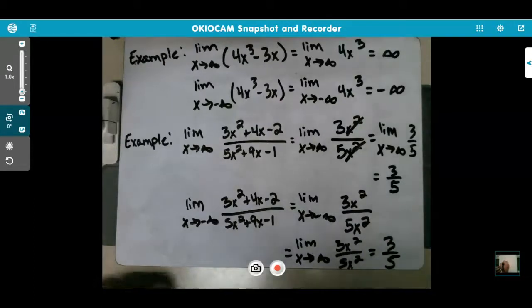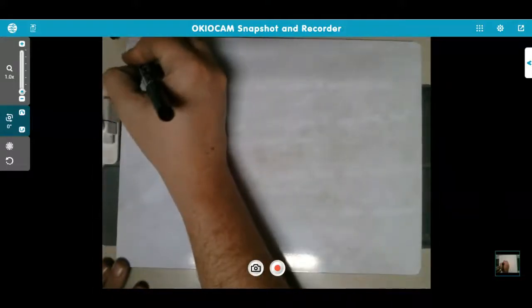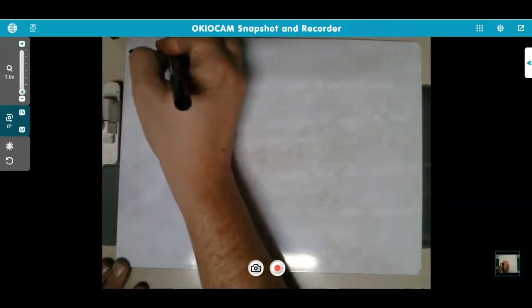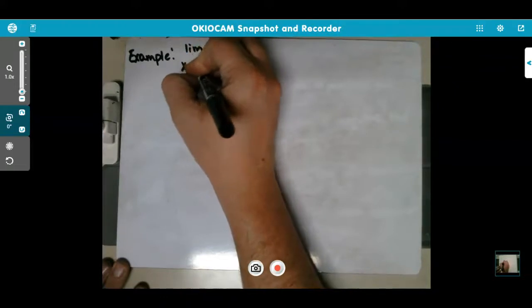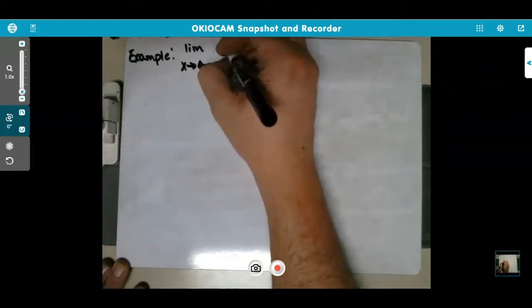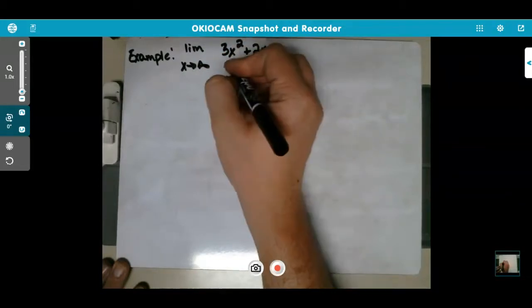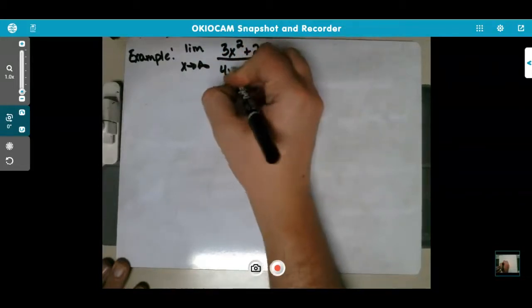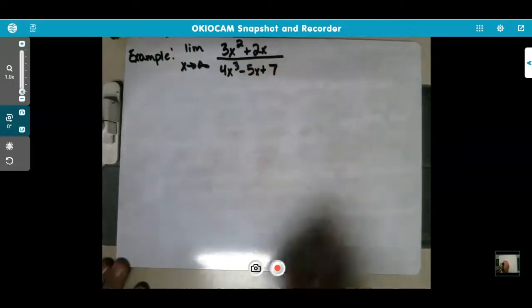All right, let's look at some more examples that are kind of like that. The limit as x approaches infinity of 3x squared plus 2x over 4x to the third minus 5x plus 7.